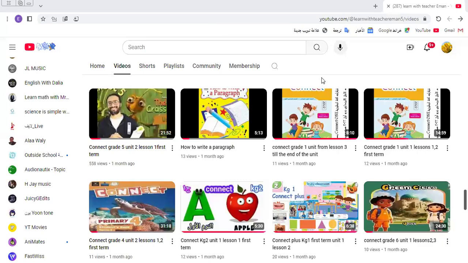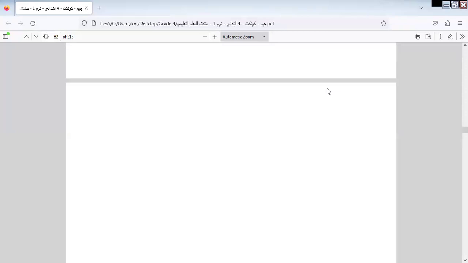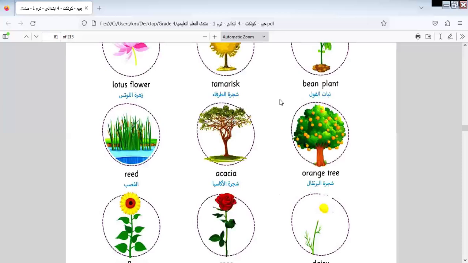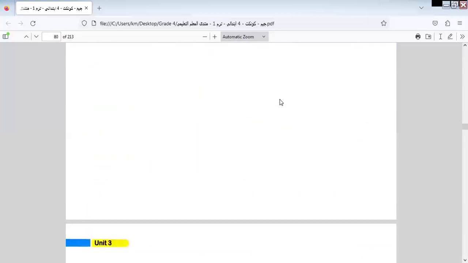Our unit today is about how we grow plants. Okay, how we grow plants. This is our unit today. Let's know it together. Let's know about this topic.